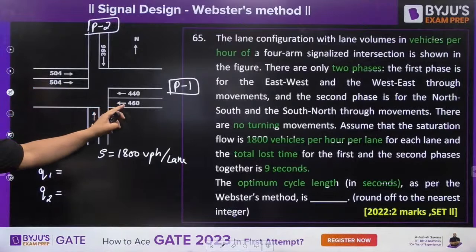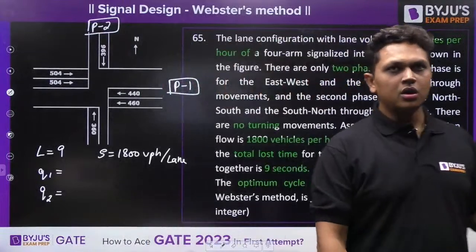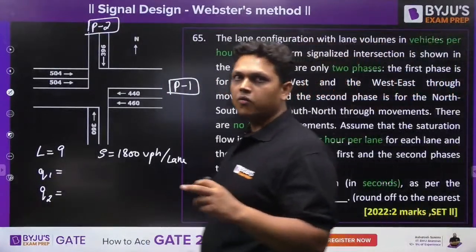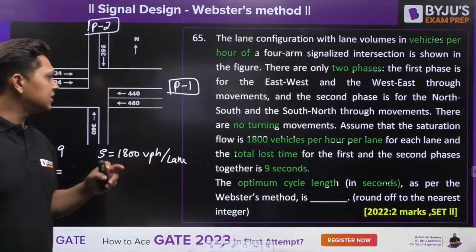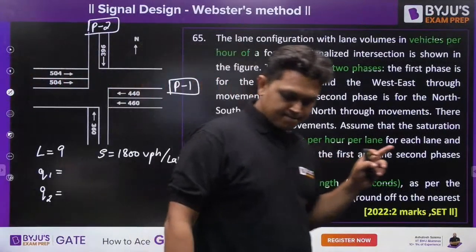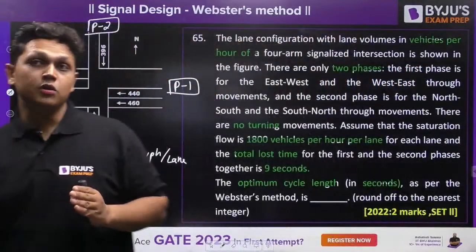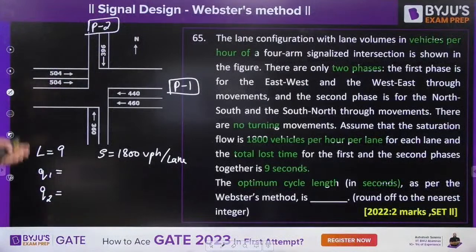504 or 460 or 440. Which of these values you are going to take as Q1? You will take the maximum value because you have to design for the maximum flow.